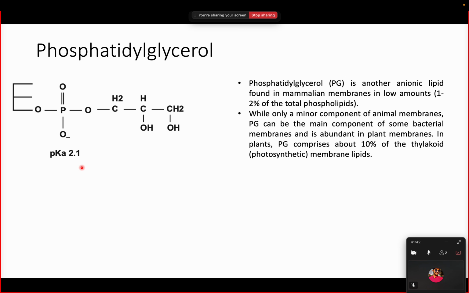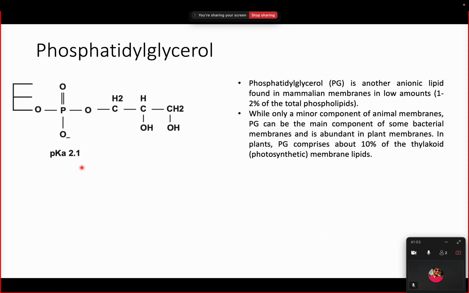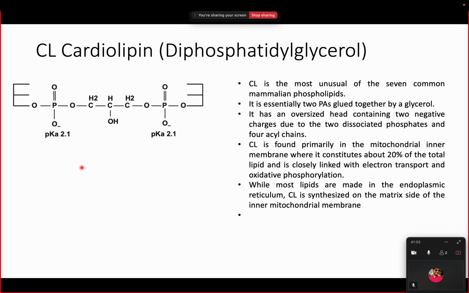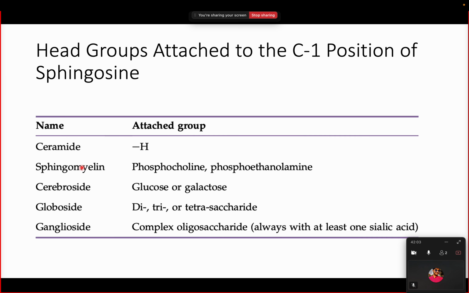Then, if you remember PIP2 and PLC, we talked about GPCR signaling. So this was a kind of secondary messenger. Now you understand from where we started and where we are heading. Then sphingolipids are another type of lipids present in the biological membrane.